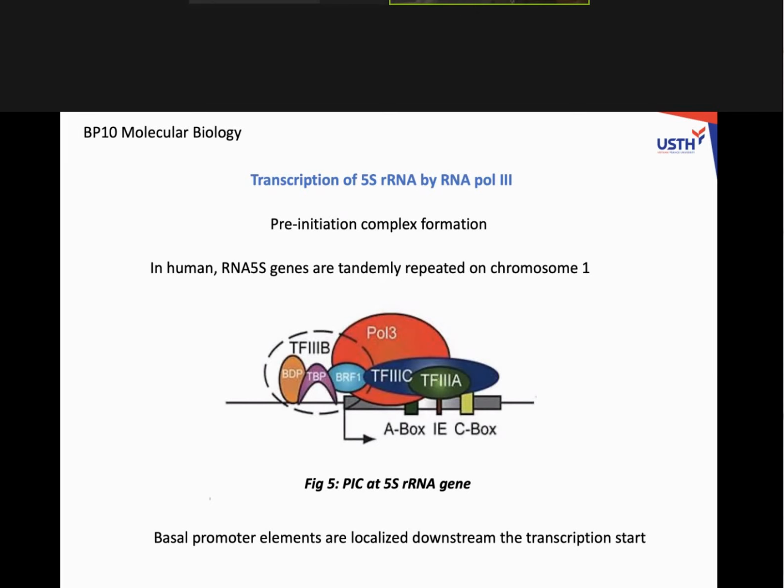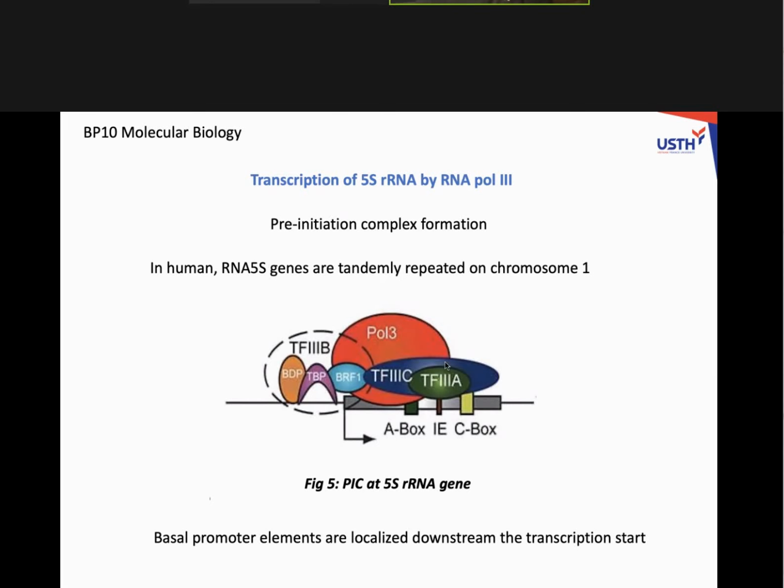In the case of Pol3, it's the opposite. The first two proteins that are able to recognize a Pol3 promoter are TFIIIC and TFIIIA, the blue and the green one on the drawing.